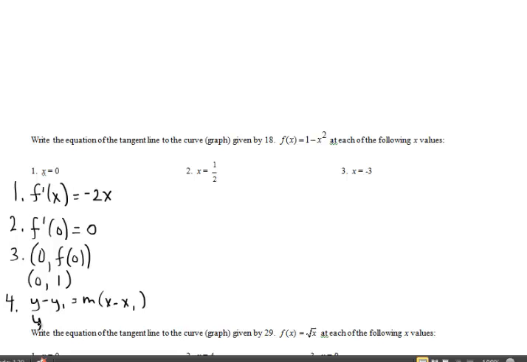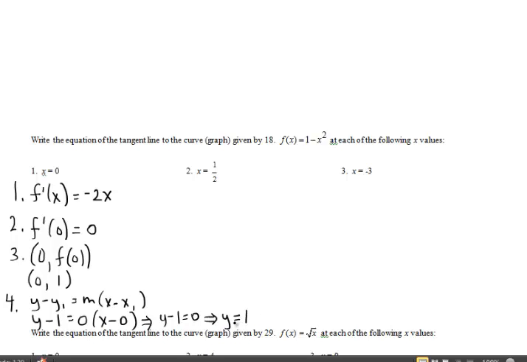All right, so y minus 1, slope of 0, that's alternate notation. We're used to seeing it as m, but in calculus now we see it as a prime notation. So it's 0 times x minus 0. Okay, so this all is going to go to 0. So our final equation is y minus 1 equals 0, or if you want to, we can call this y equals 1.